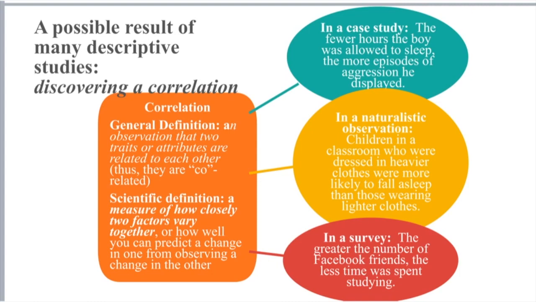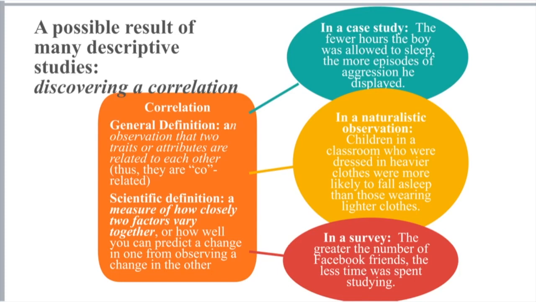And then the last one here, in a survey, the greater number of Facebook friends, the less time was spent studying, right? In a survey, somebody sends out a questionnaire to a randomly sampled population and everybody says, I have 342, maybe Instagram followers is more accurate, or TikTok people, I don't know. Followers? You follow people on TikTok, yeah.